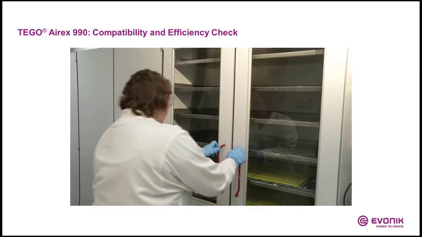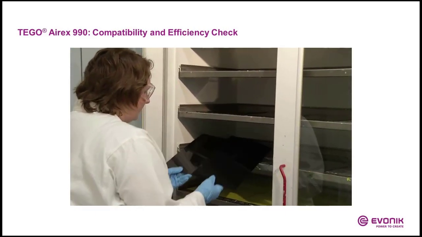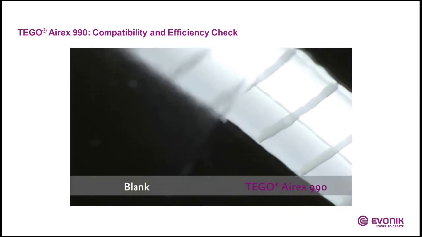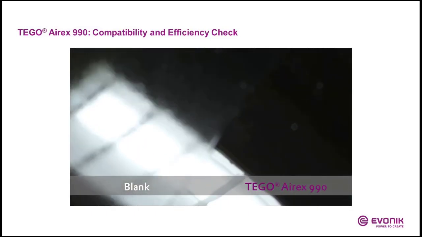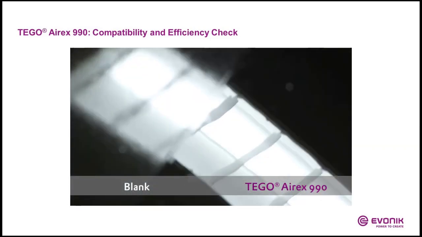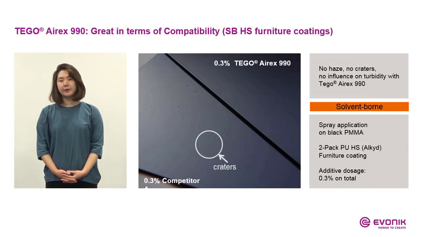Once the paint is dried, we can observe whether the deaerator is compatible or not. From this paint, we don't see any defects. Therefore, we can conclude that TEGO Airex 990 is very compatible. Here's a good example of TEGO Airex 990 with great compatibility.